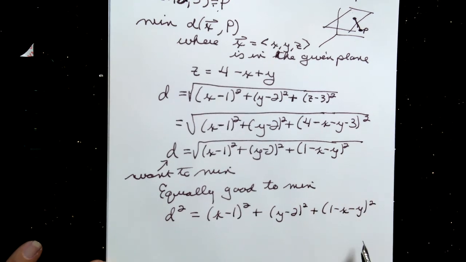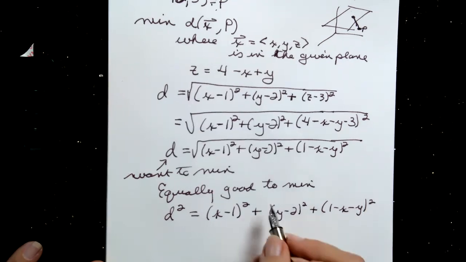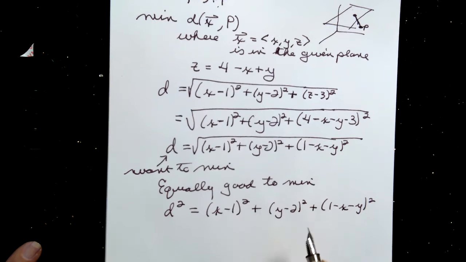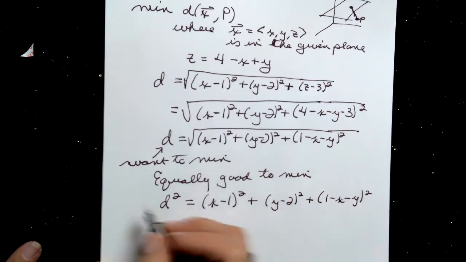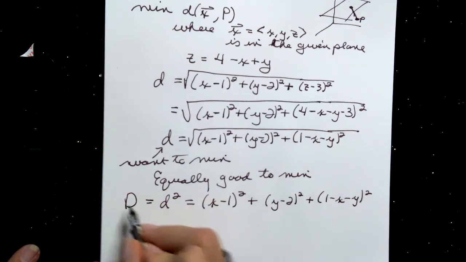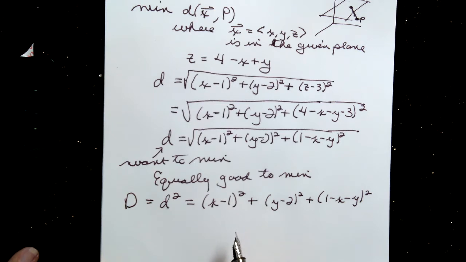So if we minimize d squared, we're just as good because whatever point works for that also minimizes d. All right, and so now we have just a straight function. You could think of this as a new function. If you like, give it a different name. If writing d squared makes you uncomfortable, call it capital D. And now we want to find a minimum value for capital D.